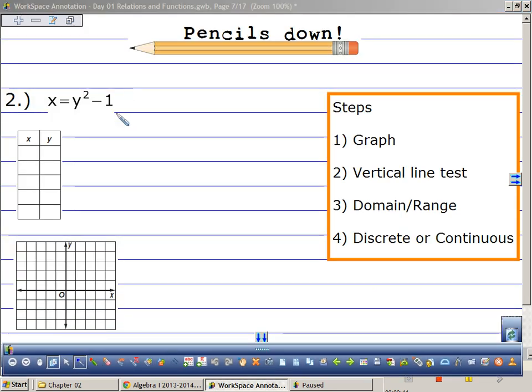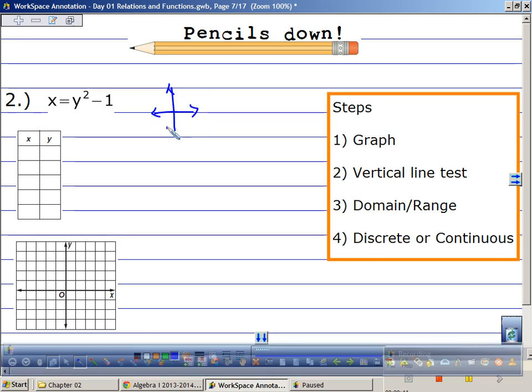Pencils down again. Okay, let's talk about parent curves for a second. Y equals X is the most basic parent curve, correct? That is a straight line right through the origin.